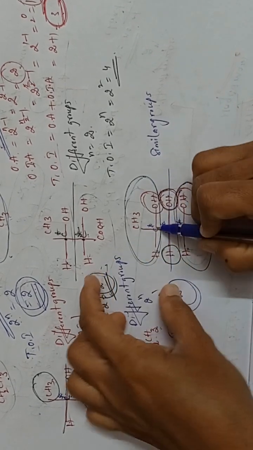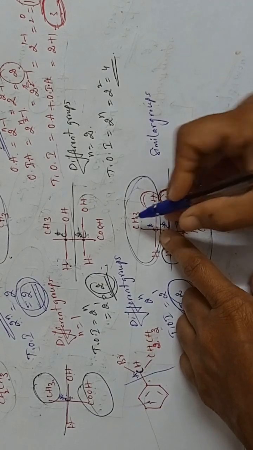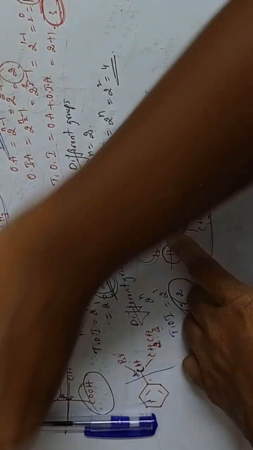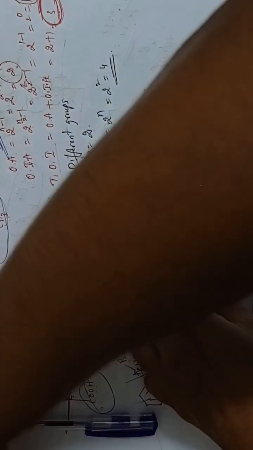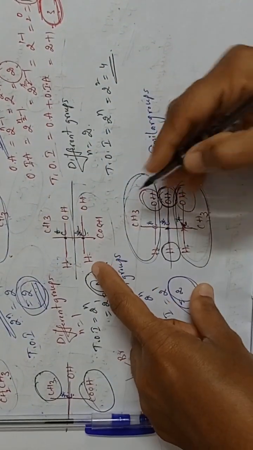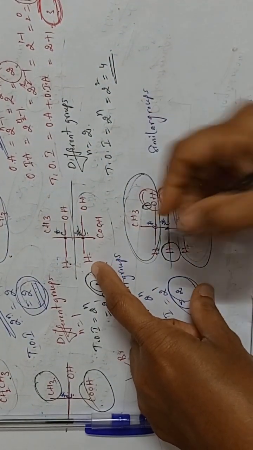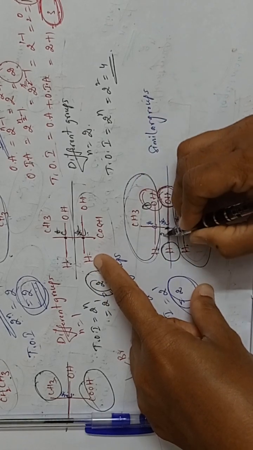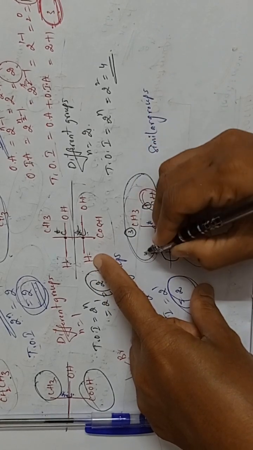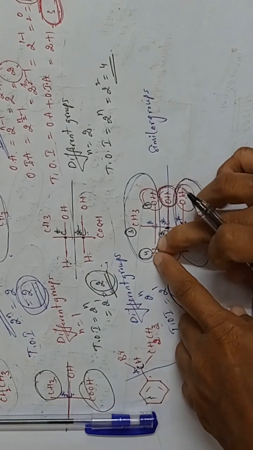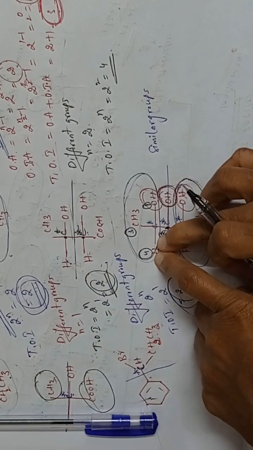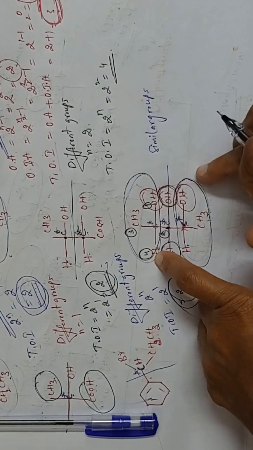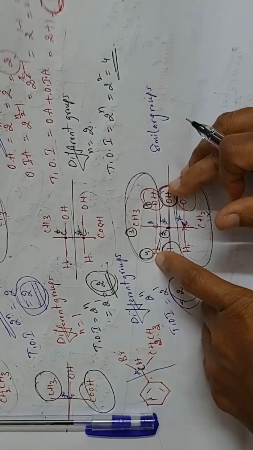See here, this configuration, which one students? Around this carbon, atomic number ranking method, tell me. Oxygen, higher atomic number group, first priority. Second priority, this carbon. Third, this one. Fourth, this one. Hydrogen atom is on the horizontal line. RS configurations I discussed in the last video students. Once you go through that video, you can understand R and S configurations.